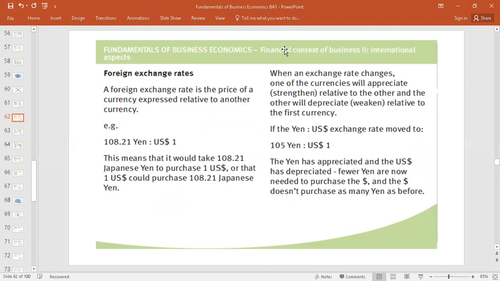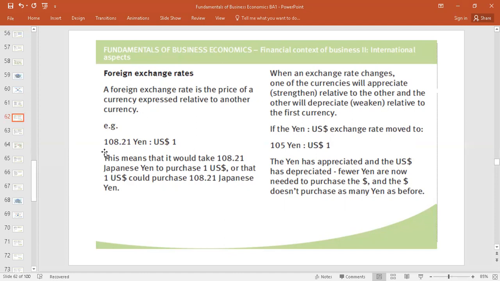So there was an example here on the screen. If $1 is worth 108.21 in terms of yen, then to acquire $1, in terms of Japanese currency, 108.21 yen have to be spent.